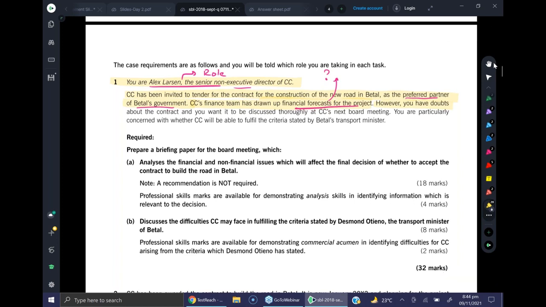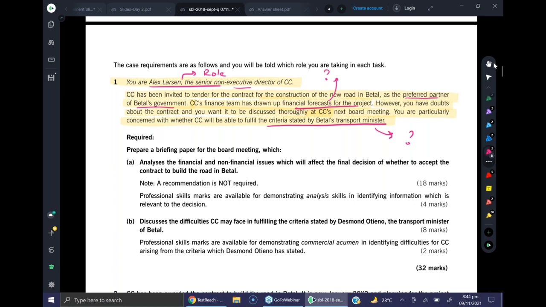So you have doubts about the contract and you want it to be discussed thoroughly at CC's next board meeting. You are particularly concerned with whether CC will be able to fulfill the criteria stated by Beetle's transport minister. So there is some criteria stated by minister, again a question mark. We'll figure it out from the questions information.